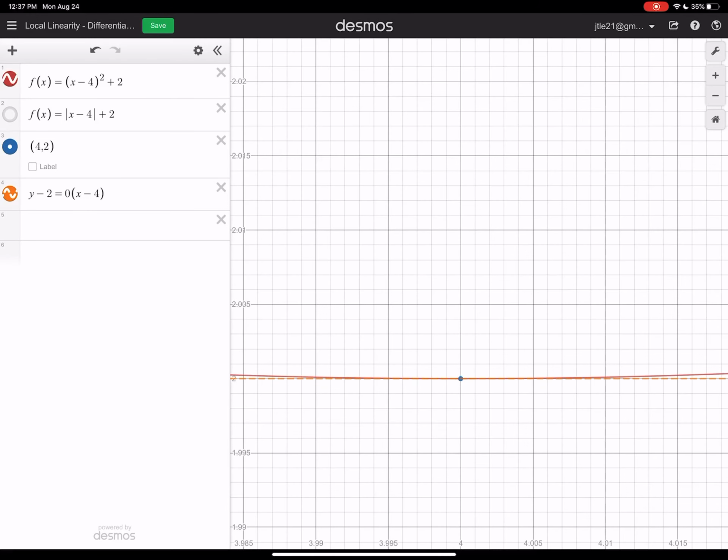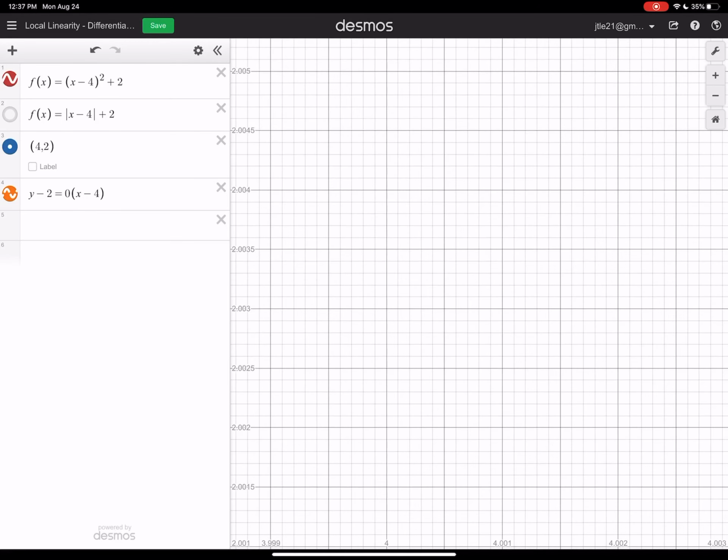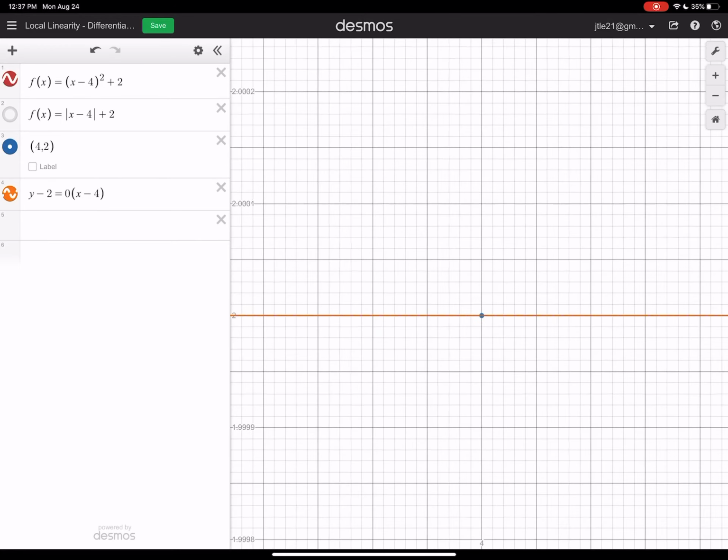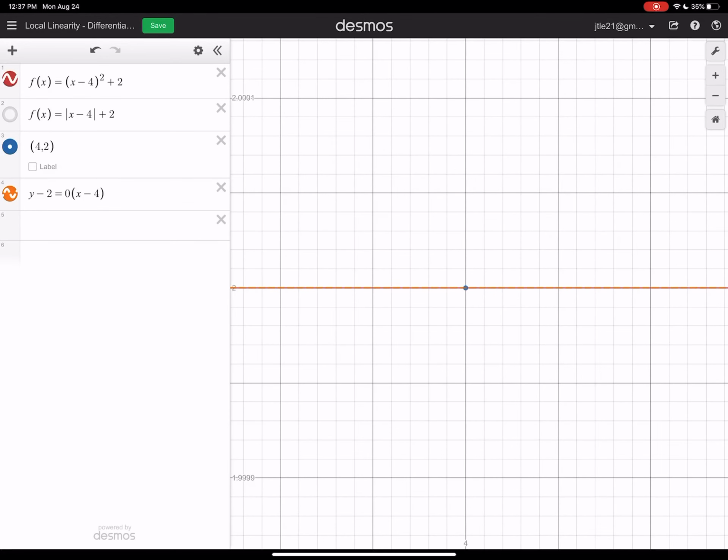But if I go far enough, besides the color, if I zoom in so close, so arbitrarily close to that point of tangency, you can't tell which one's which. This is called local linearity. This is the reason why things are differentiable, okay?